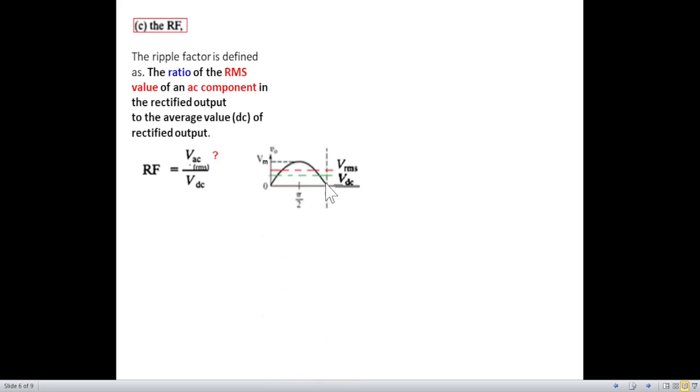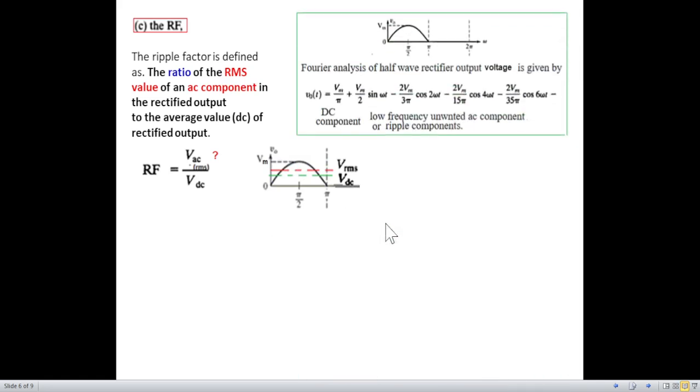As we discussed earlier also, we know VDC, we know VRMS, we know Vm, but we don't know exactly where VAC is. So for that, as we discussed, the sinusoidal components form the VAC.